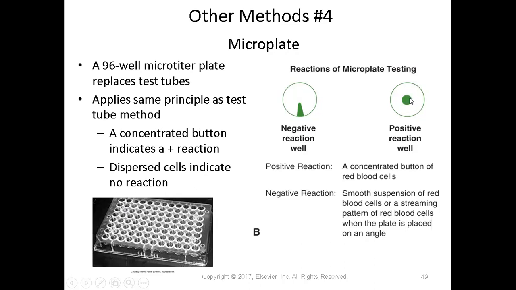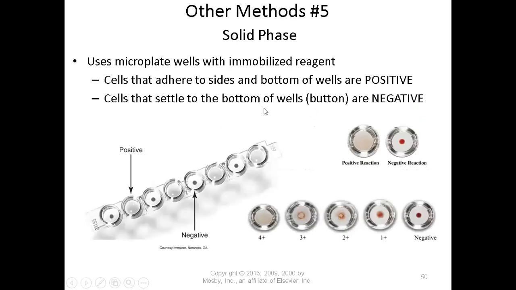And actually, at the Red Cross and other blood donor centers or high volume labs that do this type of testing, they actually take pictures of it and it's interpreted through photographic imagery. So this is what a positive would look like in the well. A negative would be dispersed cells, so they're not gathered in the center.